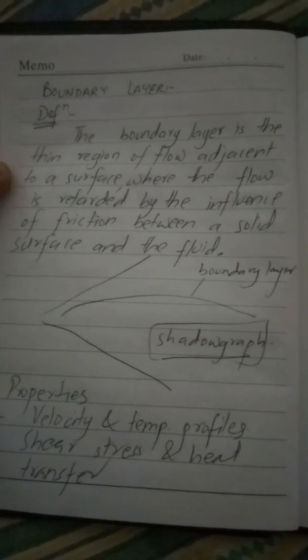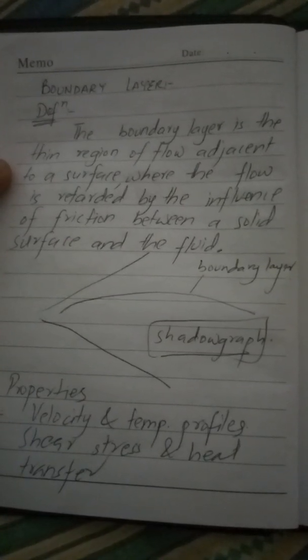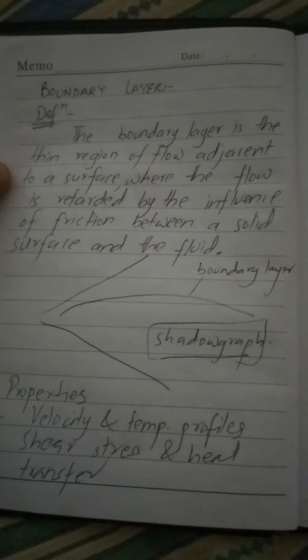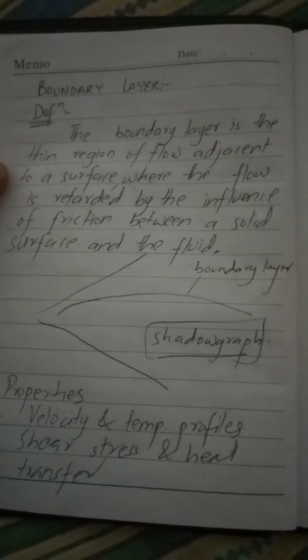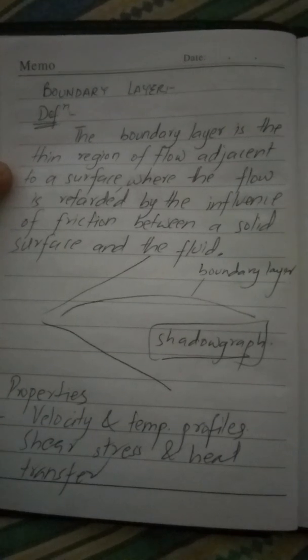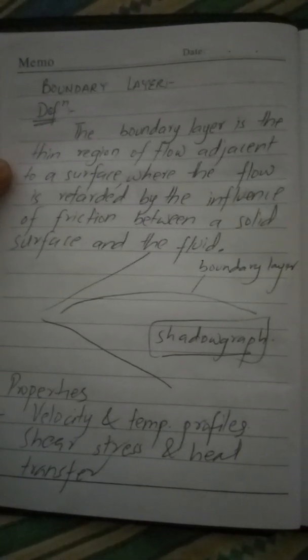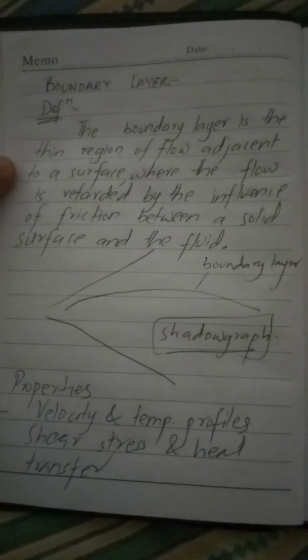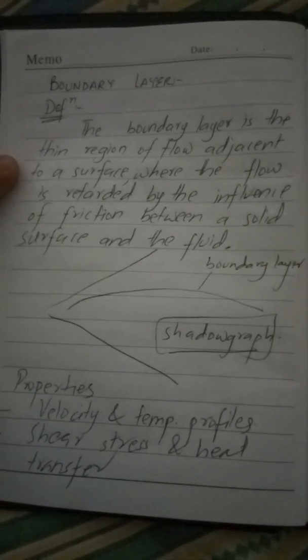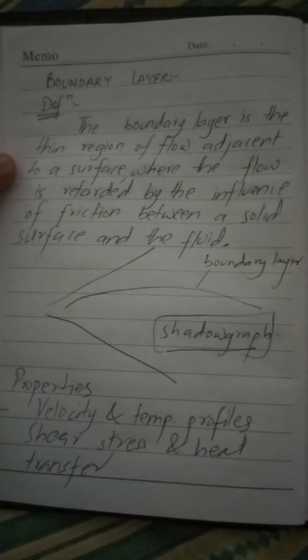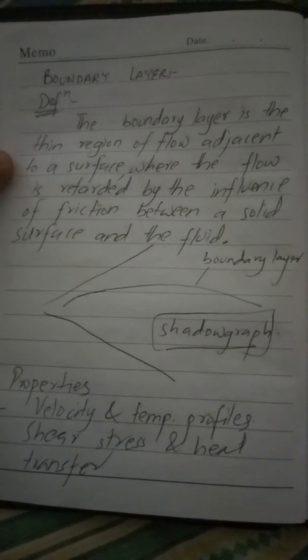It is shown in the graph in front of you. The flow is retarded by the influence of friction. Otherwise, there is no such friction to consider or ignore between the surface and the fluid.